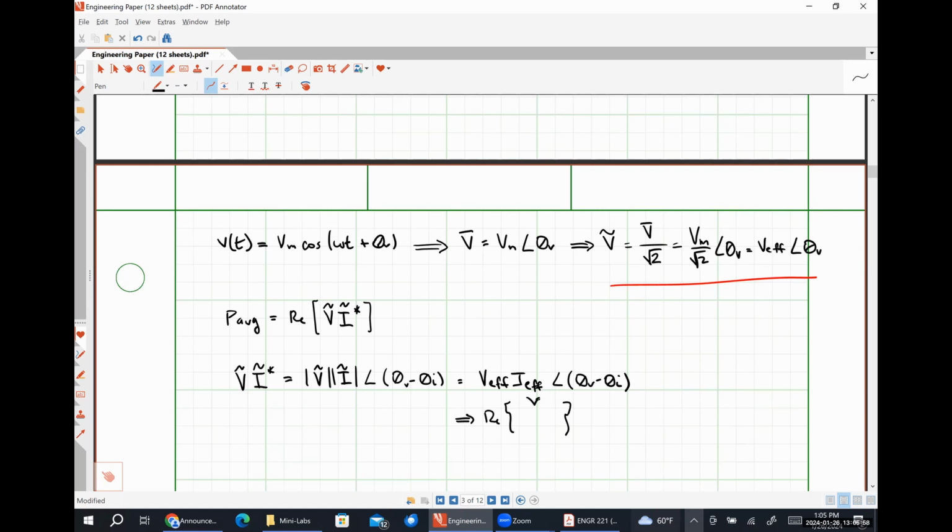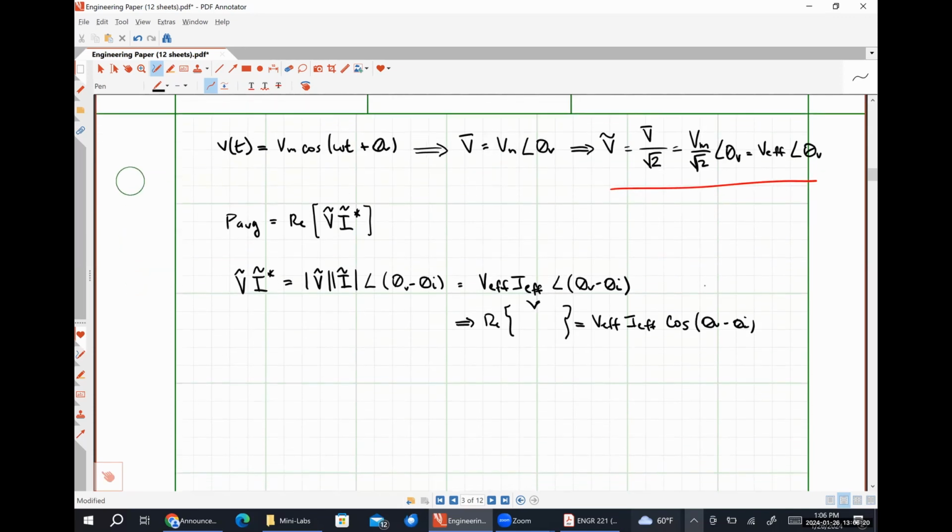so I'm just putting this caret here to tell you I'm putting all of this inside of those braces, comes out to be V effective, I effective, cosine of theta V minus theta I. The imaginary part would be the same thing, except it would be replaced with a sine function.